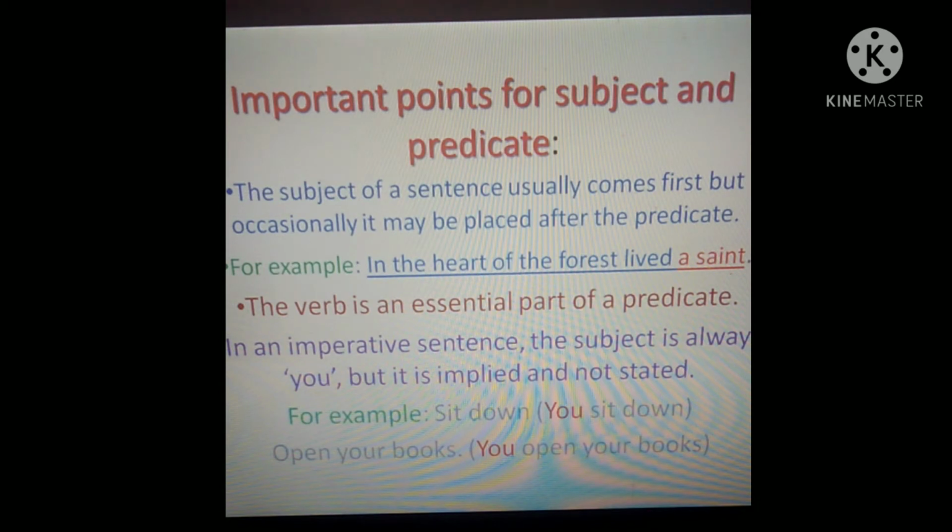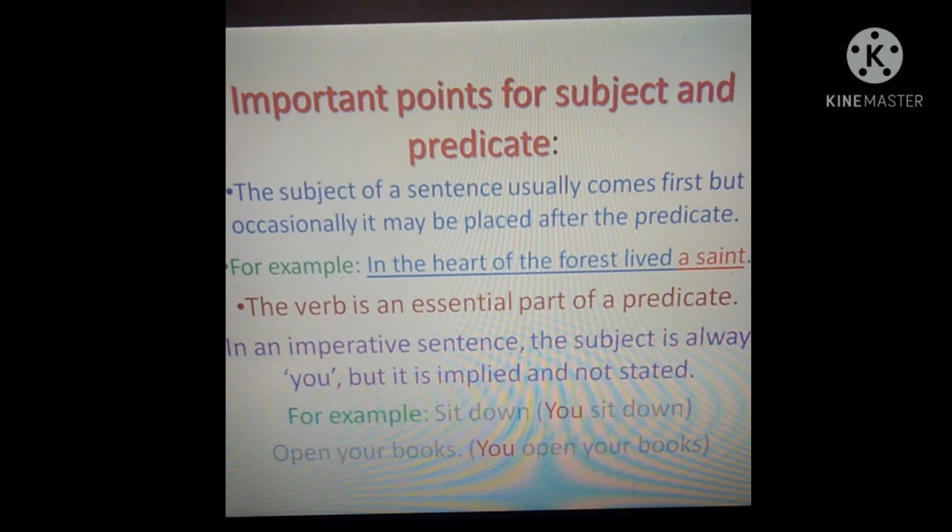Third, in an imperative sentence, the subject is always you, but it is implied and not stated. It means it's not shown in that particular sentence whom we are talking to. Example, sit down. First coming to the imperative sentence, what is an imperative sentence? Just recall, imperative sentences are those that express a command, order, request or advice.